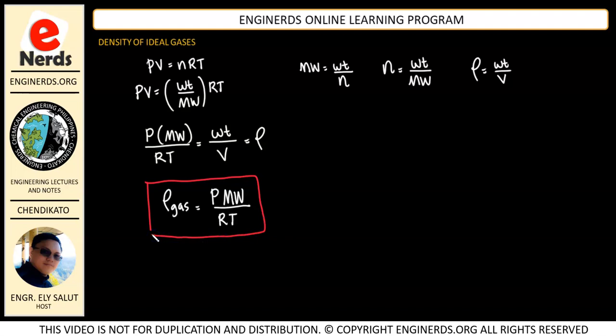But in this equation, we are just considering one component lang. Isang gas lang ang ating pinag-uusapan. Now, if we are going to solve for gaseous mixtures, we have to consider yung molecular weight ng lahat ng component na gas sa ating mixture. And to do that, we have to get the average molecular weight.